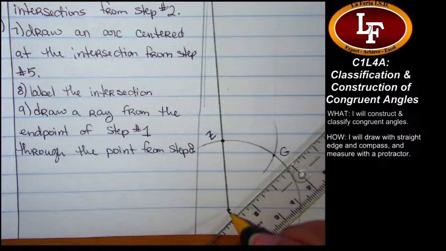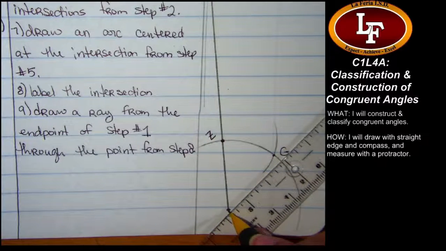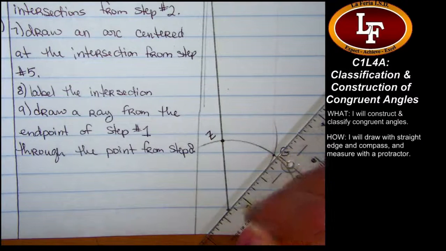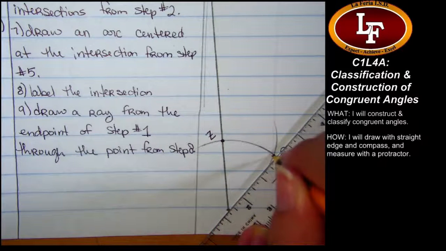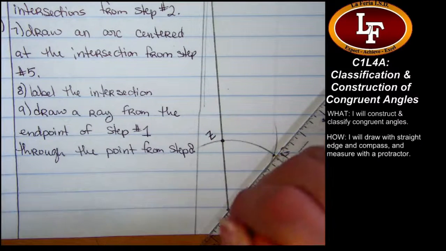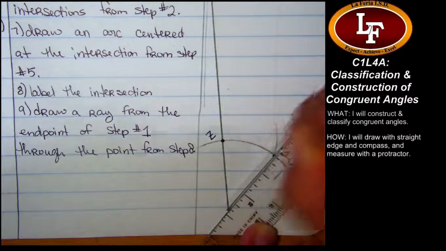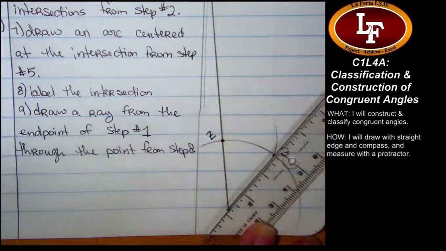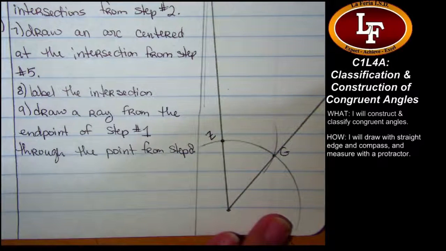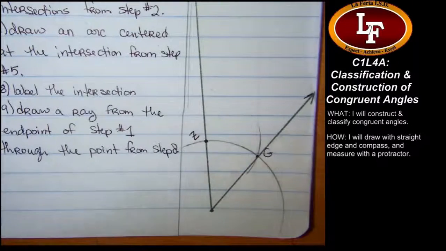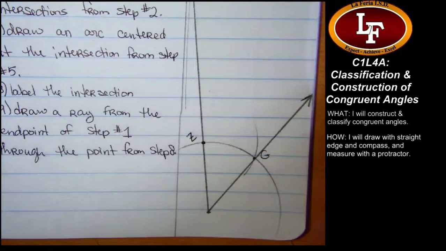Here's my endpoint from step 1. Here's my intersection point from step 8. And I'm going to draw a ray. And because it's a ray, I made sure that it ended with an arrow. Just on one side.